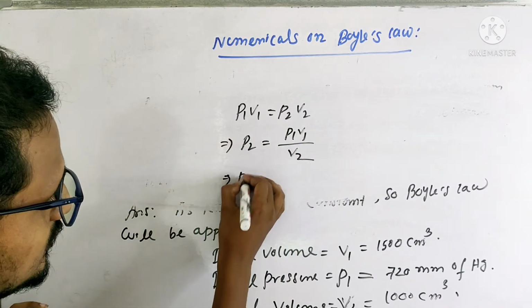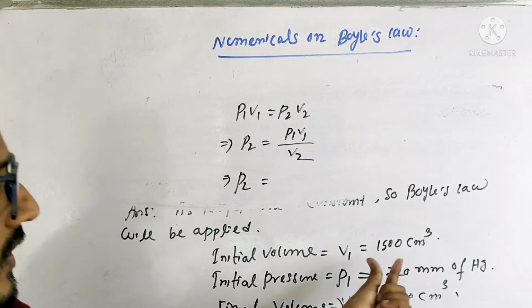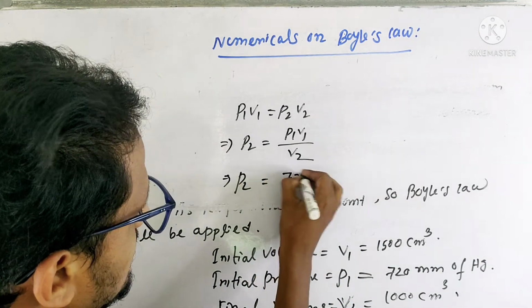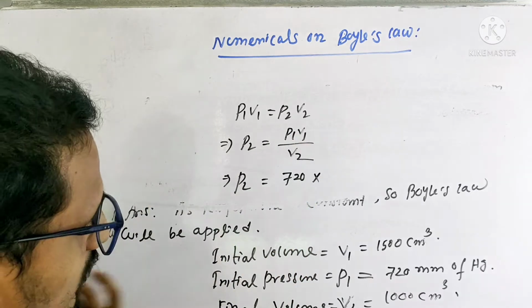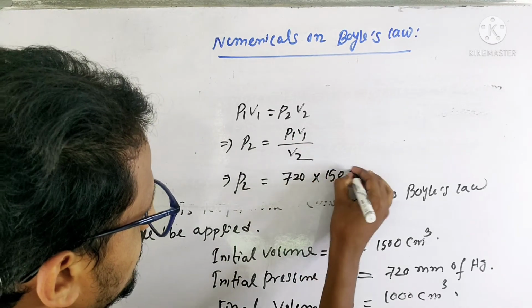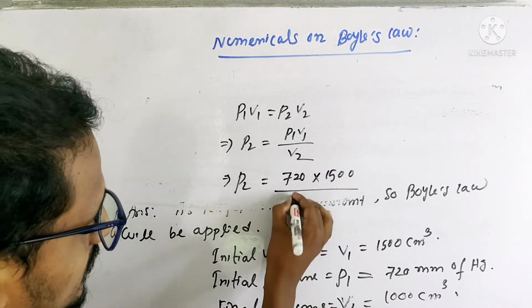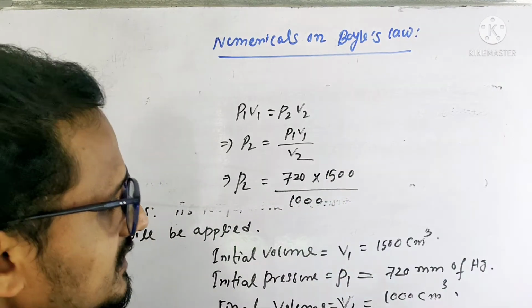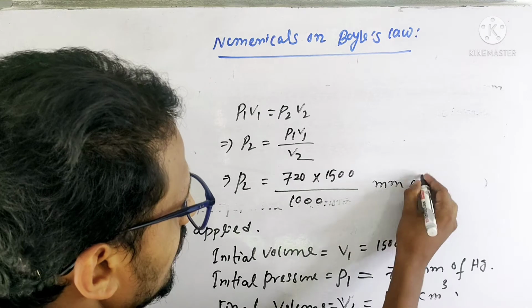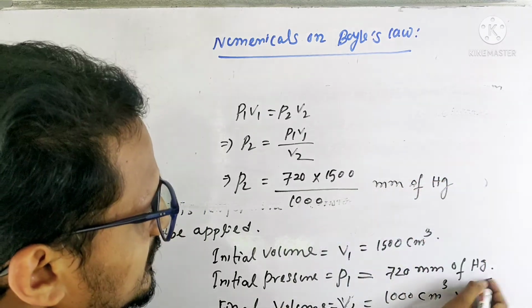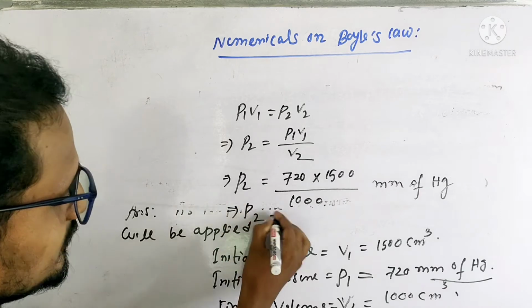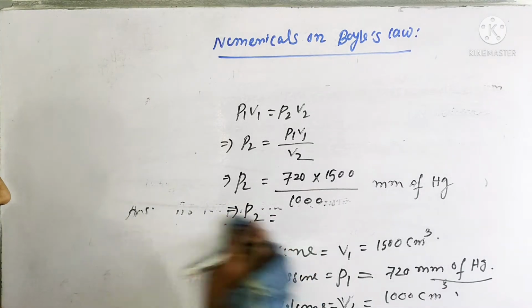P1 is 720 millimeter of mercury, into V1 1500, divided by V2 1000. The unit of pressure here is millimeter of mercury, since it is given. Let's solve it.